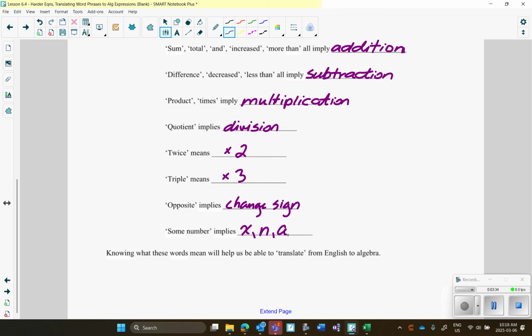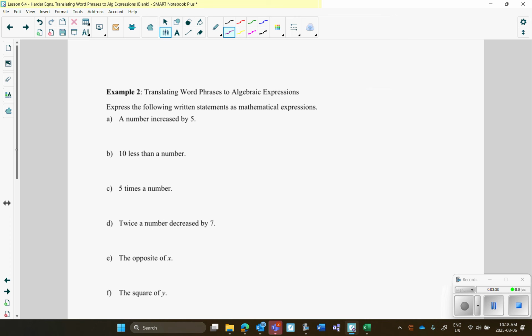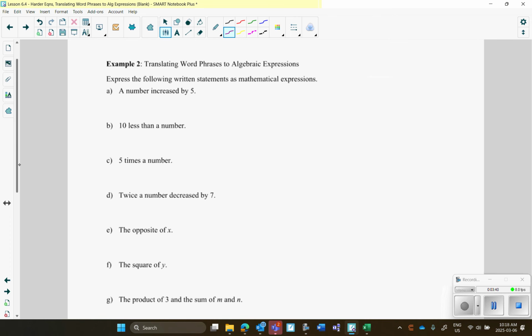Okay, let's take it one step further. Translate these phrases. A number plus 5: almost, it's X plus 5, because we don't know what the number is, so we call it a variable, a letter. 10 less than a number.